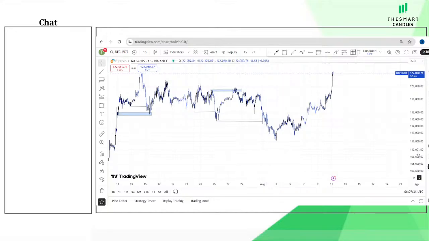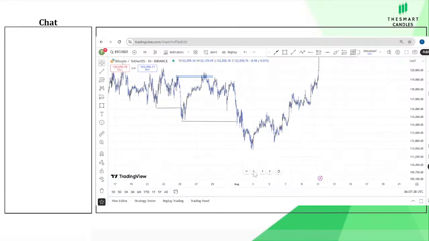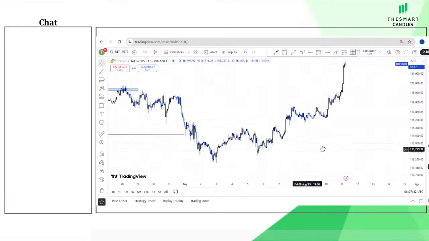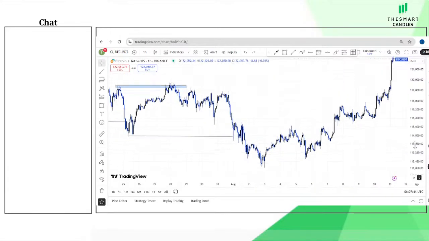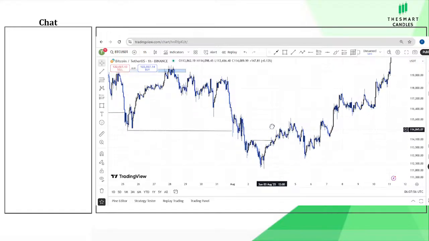Because if you look at the price action at this point, look at the clear price action. Let me zoom out the chart so you can see it better. Look at the clear price action here. You see we have this change. That was the last low at this point.